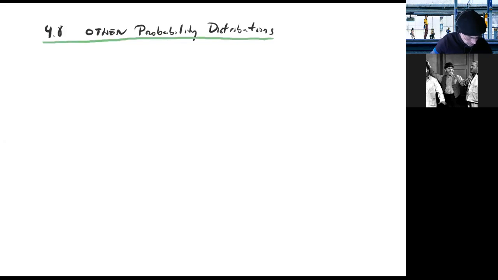And we are in section 4.8.1, which is called the geometric random variable.